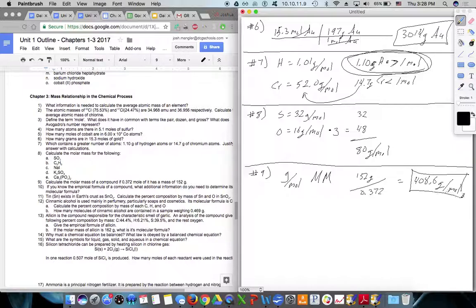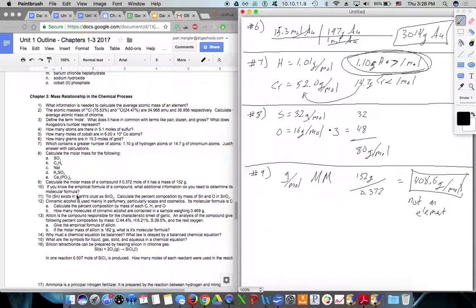Now this is not an element. At least it's not one that we have in the periodic table. It's going to be some kind of molecular mass of a compound. So we can't go to the periodic table and figure out what this is. We just have the molecular mass, which is that guy there.